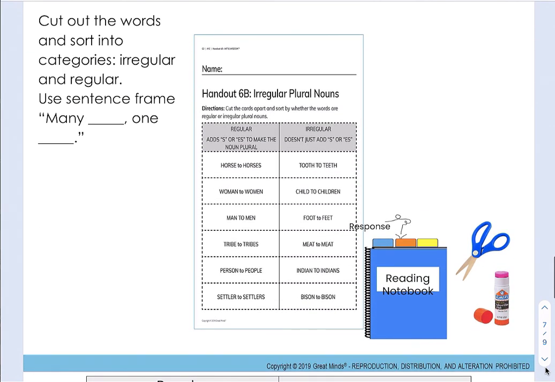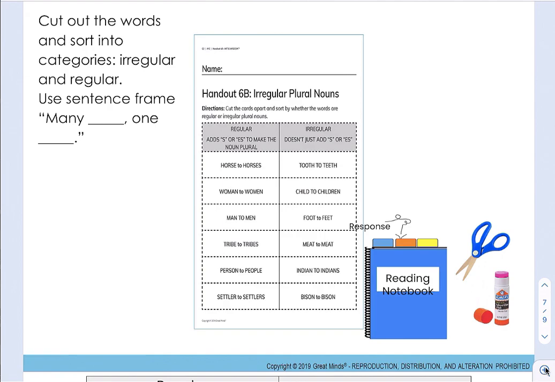Okay, now it's your turn to practice. In your blue workbook, your student workbook, on handout 6B, you have some cards that you're going to cut apart and sort. When we sort these, we'll glue them down into the reading journal or your reading notebook in the response section so you have a spot to keep them.